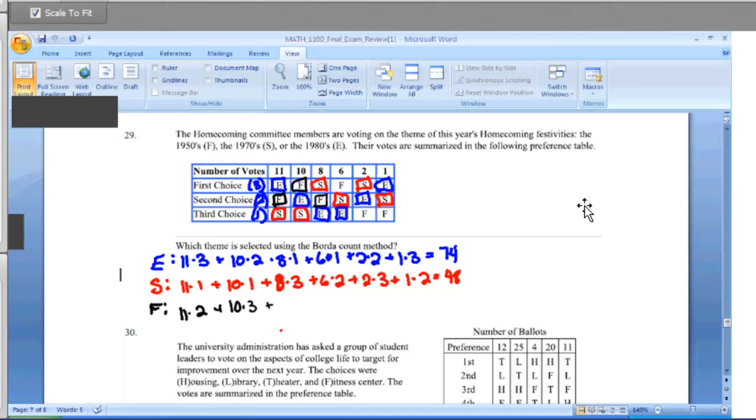We have 8 students that have it as their second choice, or 2 points per vote. 6 more with it as their first choice, or 3 points per vote. Then 2 more as their third choice, or 1 point. And then 1 more student that voted it third choice, or just 1 point. And if we add all that up, we get 91. So using the Borda count method, we also will be choosing the 50s.